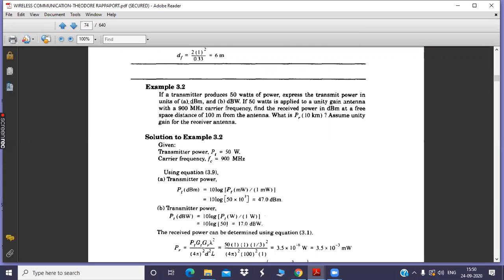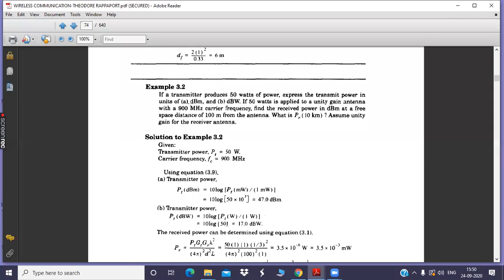So 10 kilometer can be the practical installation point at which you need to find the received power. But 10 kilometers is sufficiently greater than 100 meter. 100 meters is close to your Fraunhofer distance, but slightly more than the Fraunhofer distance. So that can be considered as D0. But anyhow, we are supposed to find the received power at 100 meter.